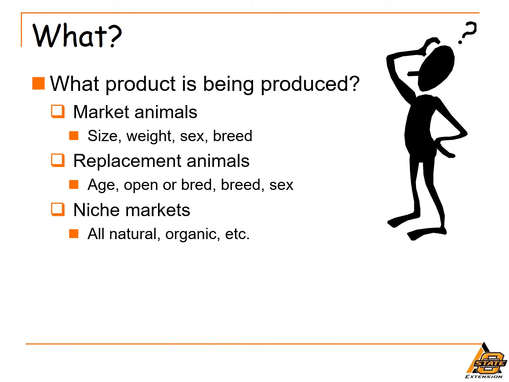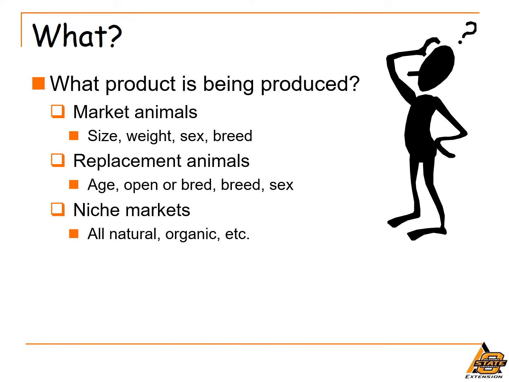When we talk about the sex of the animal, are we going to sell castrated males or intact males? And then we keep getting into the breed of those animals as well. For replacement animals, we have to think about what age we're going to sell them at. Are we going to sell them as open, or as bred? And when we talk about the sex, are we going to sell bulls, or are we just going to sell replacement females?